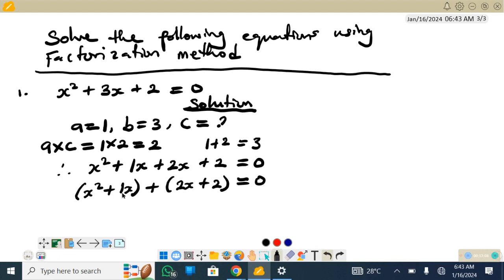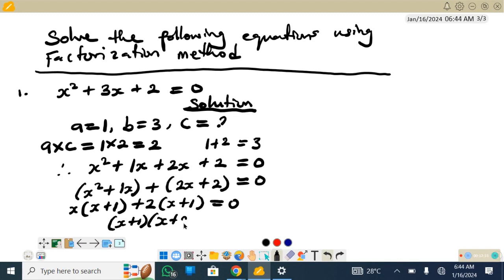So you factor out what is common, s into s plus 1, okay, plus 2 into s plus 1 equal to 0. So the next thing to do is to bring out these two things that are common here. So that will give us s plus 1 into s plus 2 equals to 0.